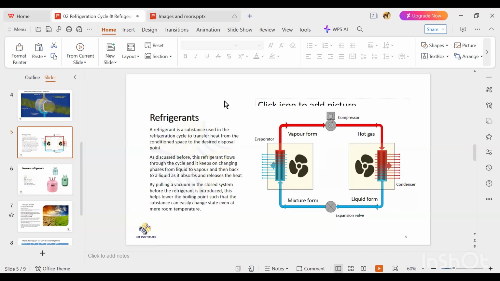So from inside our rooms to the outside. As discussed before, this refrigerant flows through the cycle and keeps on changing phases from liquid to vapor and then back to a liquid as it absorbs and releases heat.